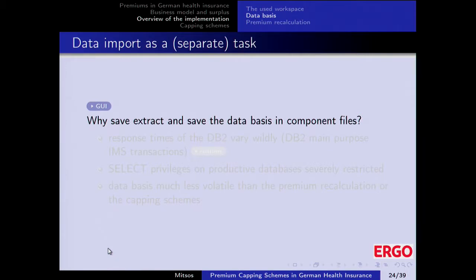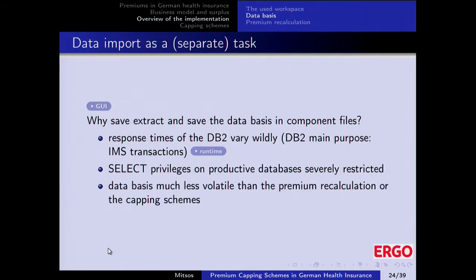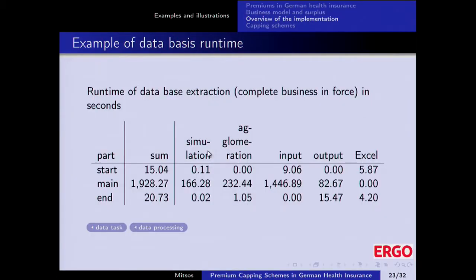Now, to the first main tasks, I think I will go quickly through them. Why should I want to extract and save the databases in a component file in a separate task? One of the important points is that the select privileges on the productive databases are severely restricted. Practically, I'm always providing the databases.